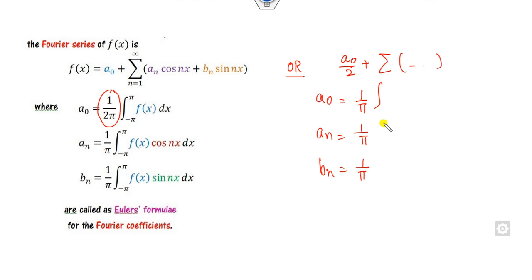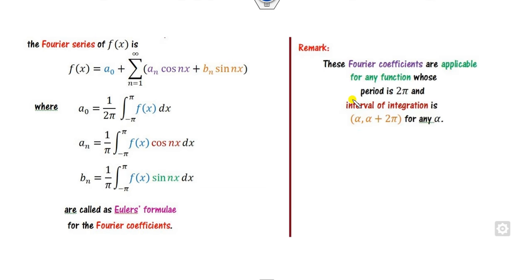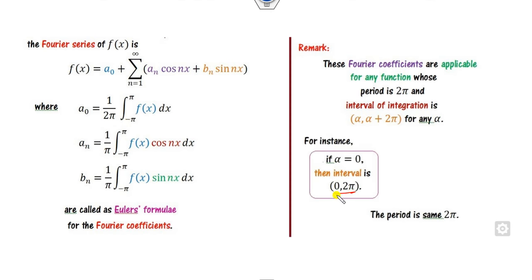Either use −π to π or 0 to 2π, whatever limit is given to you, and make sure your period must be 2π.